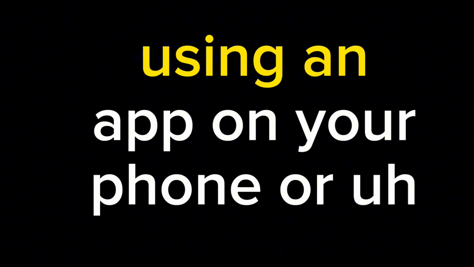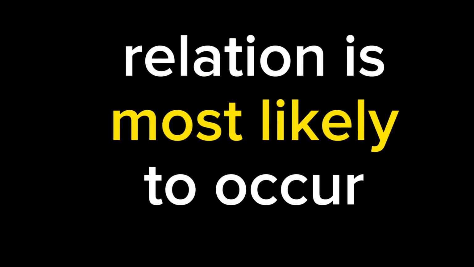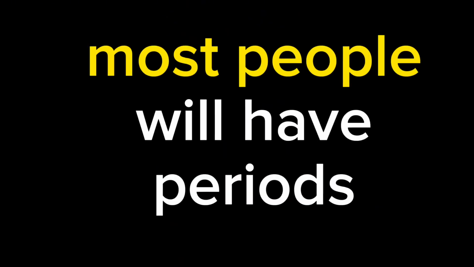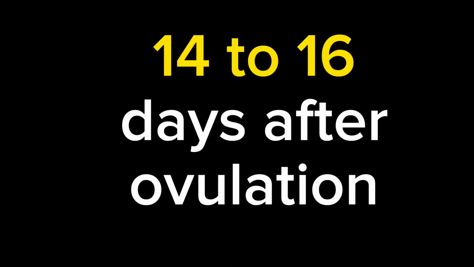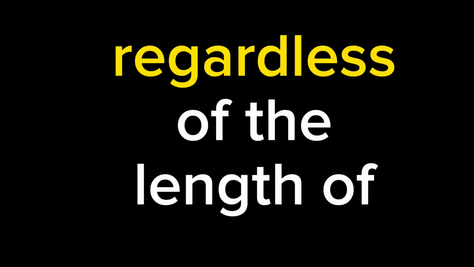You may find it helpful to track your menstrual cycle using an app on your phone or a calendar, and this can help you determine when ovulation is most likely to occur. Most people will have a period 14 to 16 days after ovulation, regardless of the length of their overall cycle.